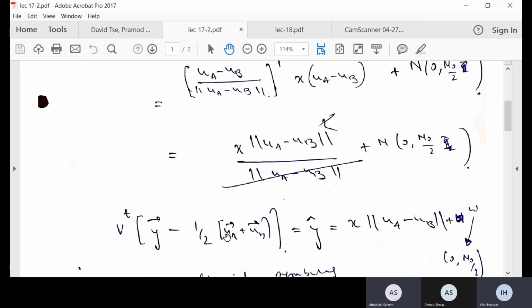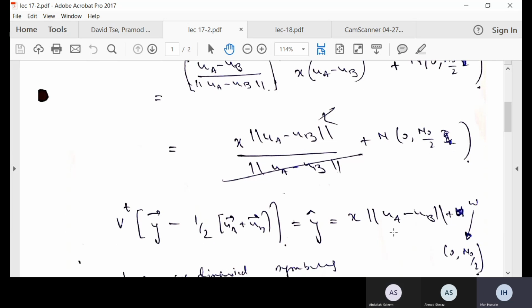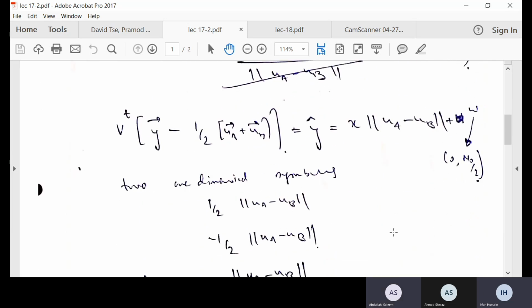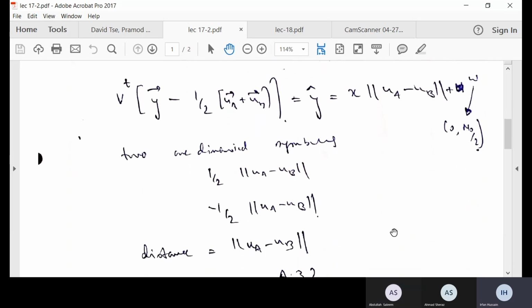So our projection gives us just this, and you can compare this with the previous. For 2 dimensions, for symbols plus half and minus half, the distance between them is half minus minus half, which becomes half plus half, and this becomes the distance.